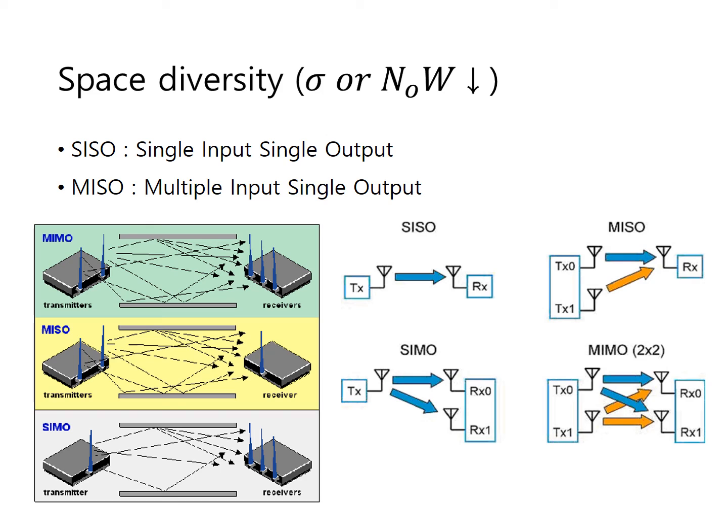It means multiple transmitting antennas and multiple receiving antennas. The purpose that several antennas are attached to your Wi-Fi repeater is to increase SNR. So it means increase channel capacity.